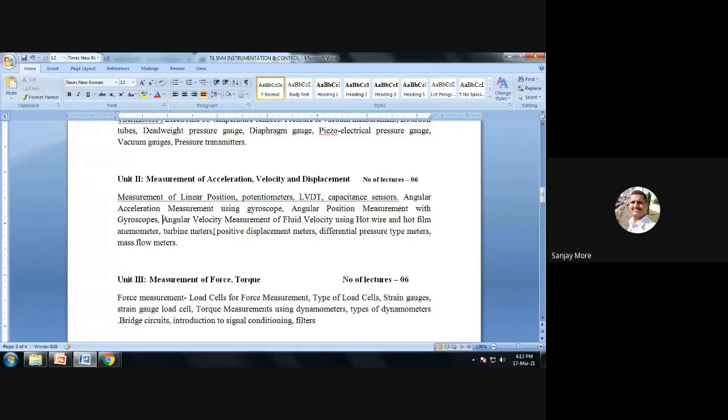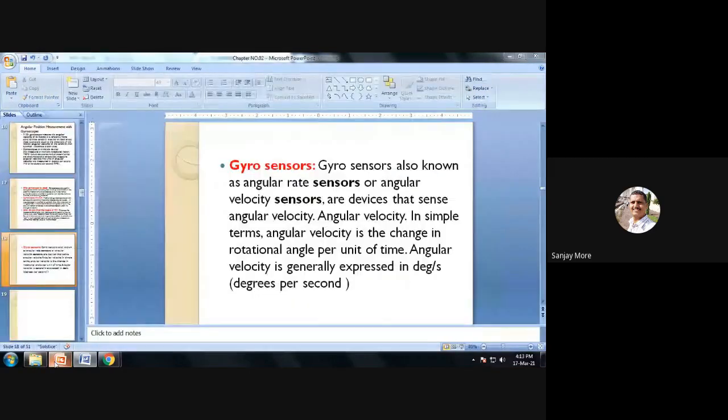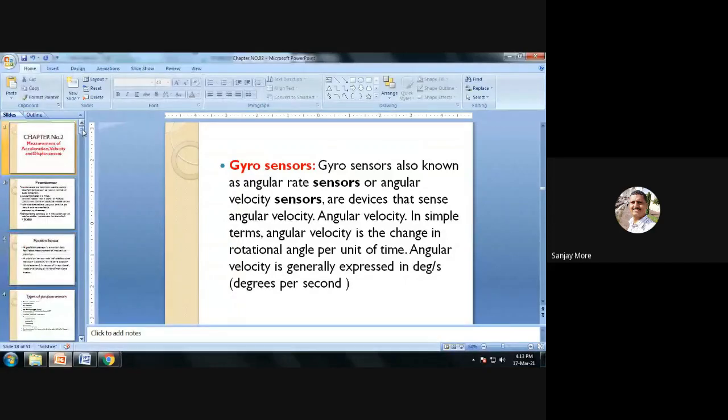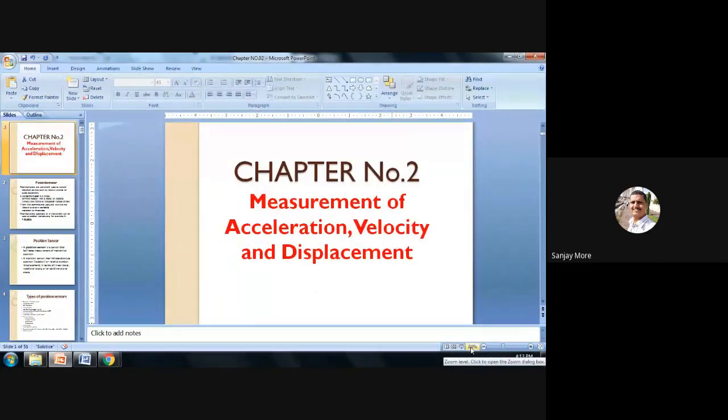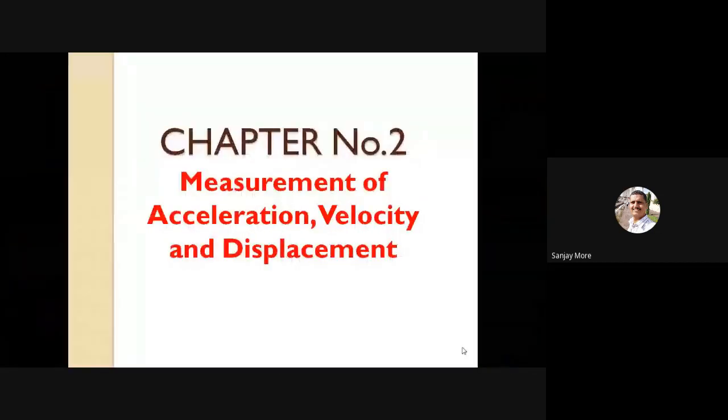This is the syllabus of this chapter, measurement of acceleration, velocity and displacement.